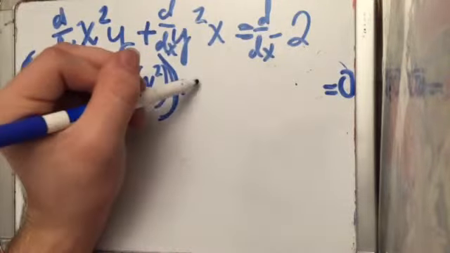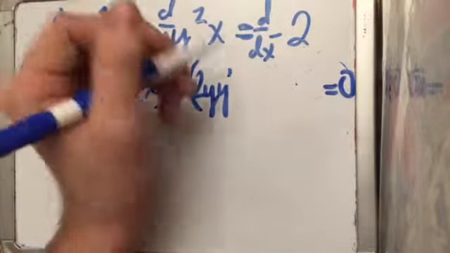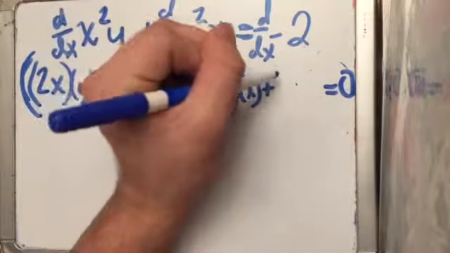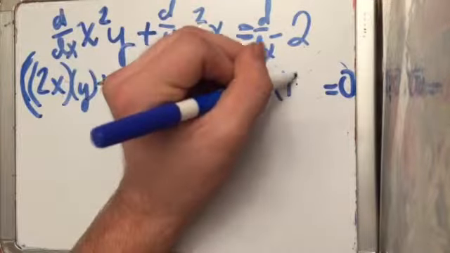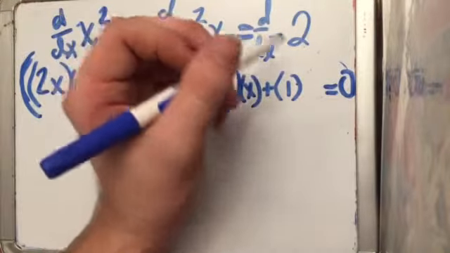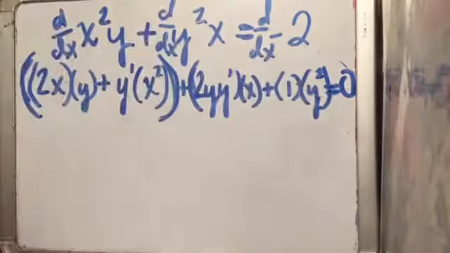The derivative of y squared is 2y y prime, that was using the chain rule, times x plus the derivative of x, which is just 1, times y squared equals 0.